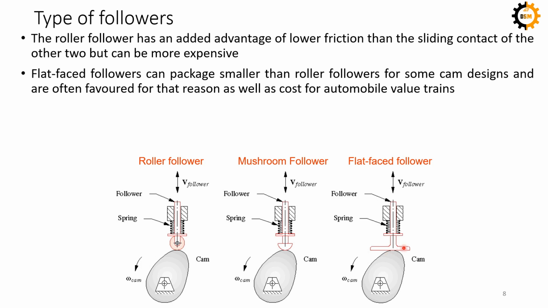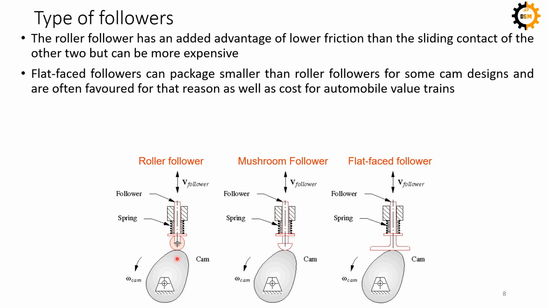And also, flat-faced followers are placed where the package is small. Because of this roller shape and all this pivot thing, this distance, however it looks smaller here, practically becomes very large. With the flat face, even if I take this length smaller than this, that is still possible. So if the rise and fall is not very large, I can still use the flat face.